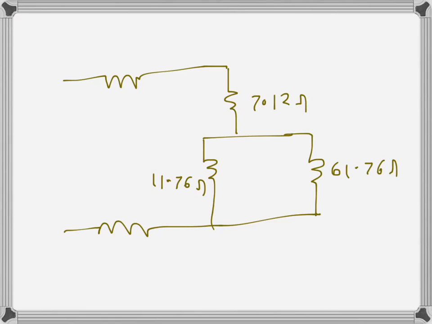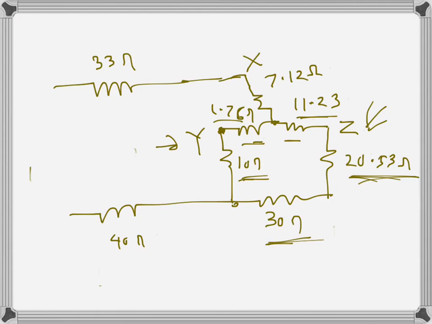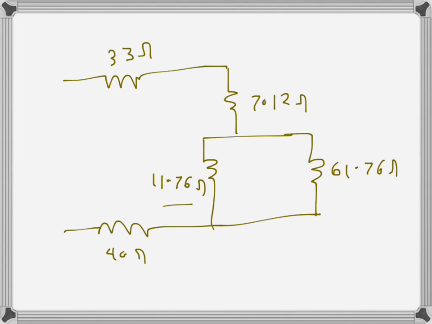So now it looks pretty straightforward, I guess. So that's 33 ohms and then 40 ohms there. Now the parallel combination of 11.76 and 61.76 will be 11.76 times 61.76 divided by the sum of these two, 11.76 plus 61.76, so that becomes 9.87.